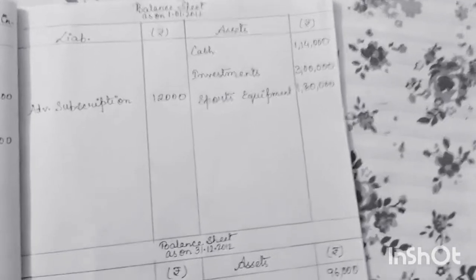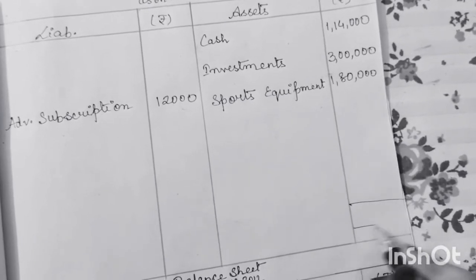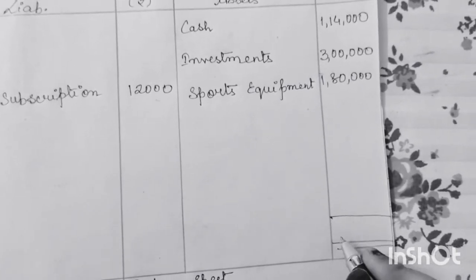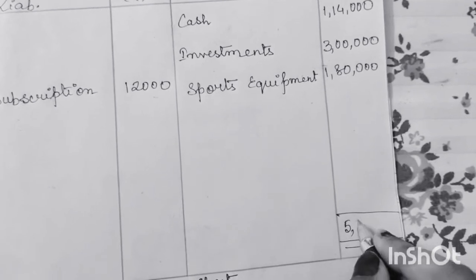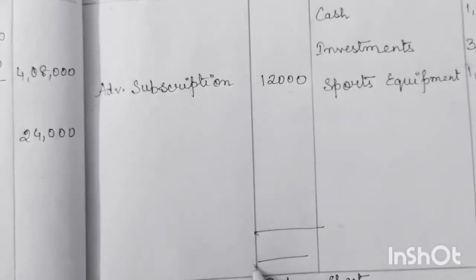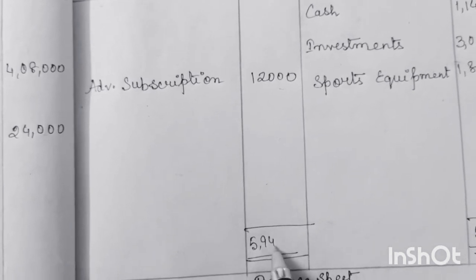Now we will calculate the capital fund. First we will make the total of assets. The total of the assets side in the opening balance sheet is 5,94,000. So write 5,94,000 on both sides.